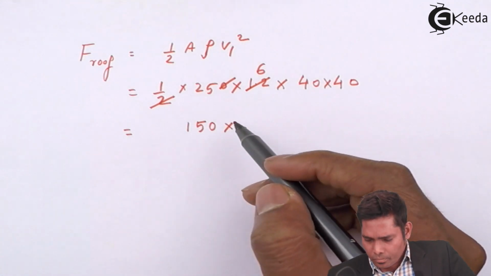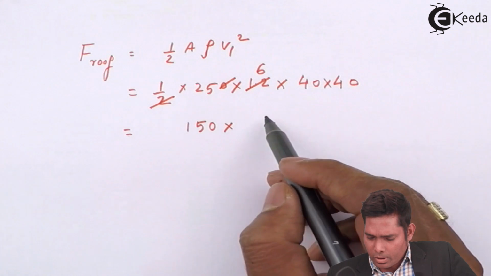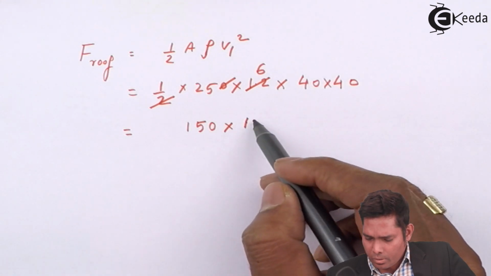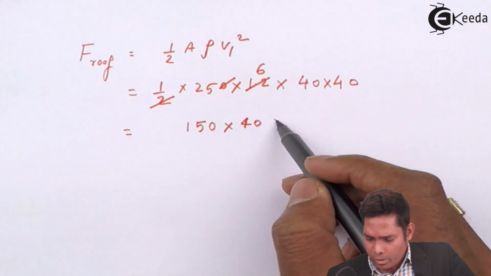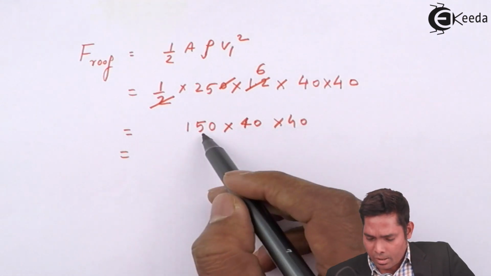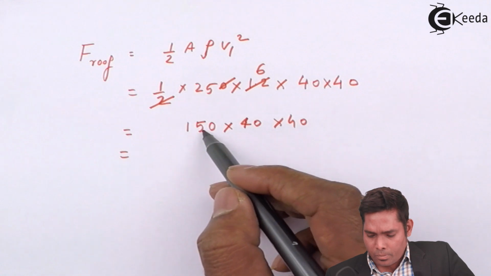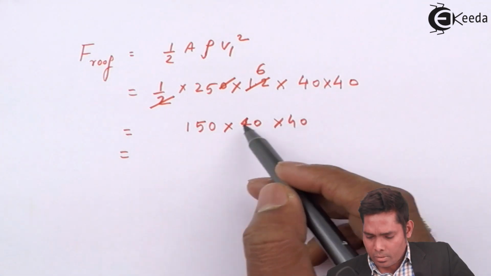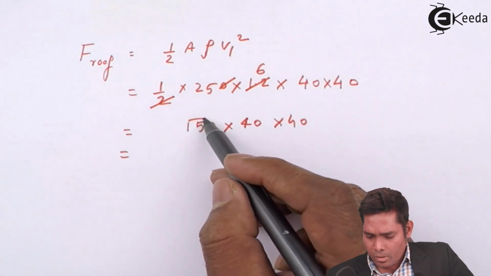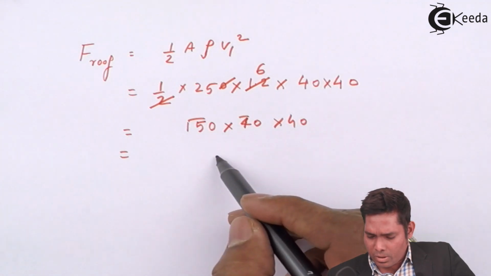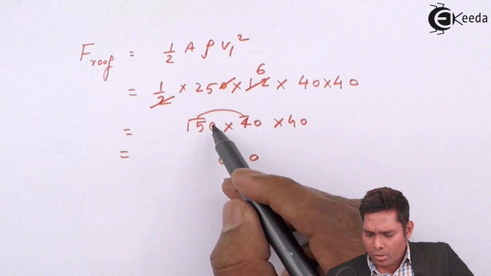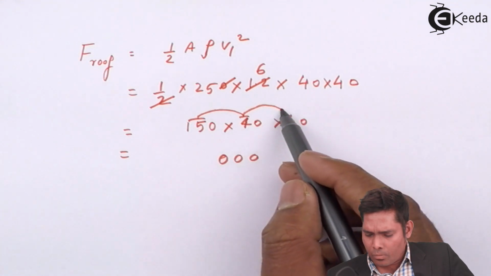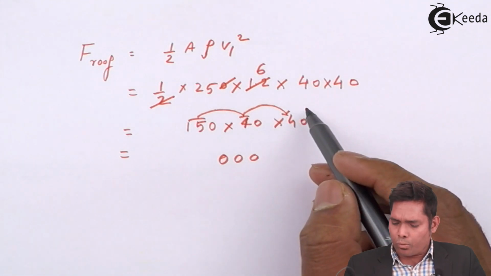This is 150 into 40 into 40. I will consider this as 60 into 4, which is 240. So 15 into 4 is 60, with 3 zeros there, and 60 times 4 is 240.